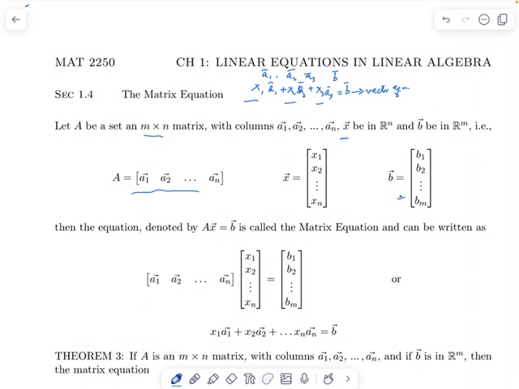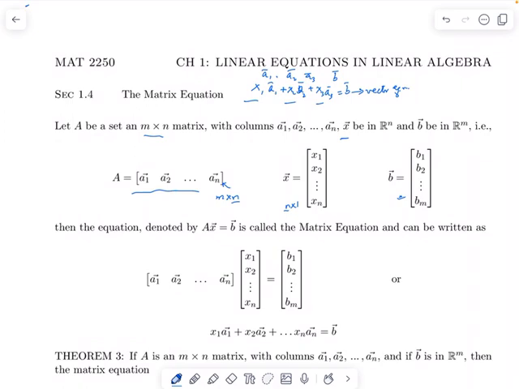Note that the size of the b vector and the x vector are not the same. The size of x has to match the size of A: A is of size m by n, so x has to be n by something, but since it's a vector, it has to be n by 1.